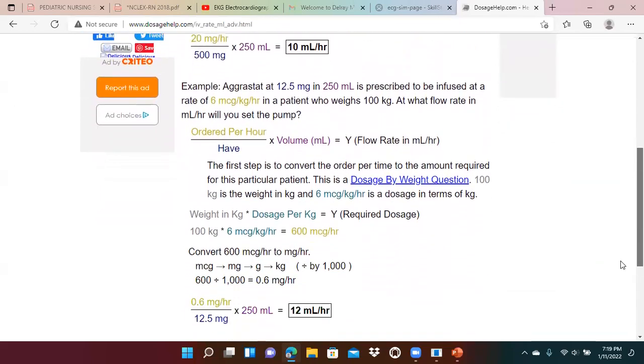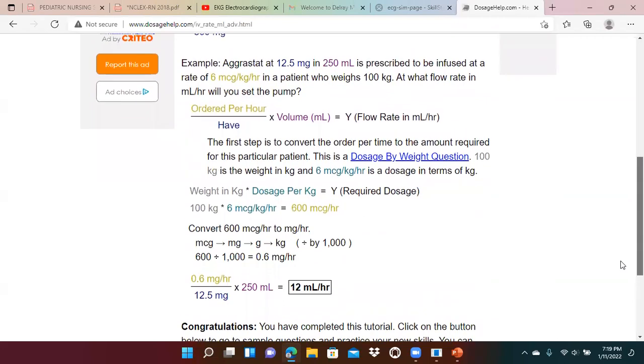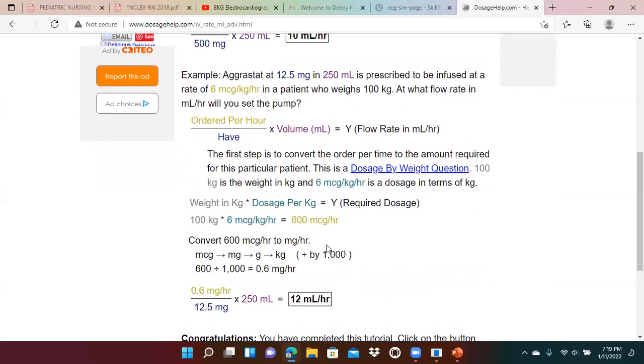So here, the medication is 12.5 milligram in 250 ml, prescribed to be infused at a rate of 6 microgram per kg per hour. It is a little bit complicated. In a patient whose body weight is 100 kilogram, at what flow rate in ml per hour will you set the pump?